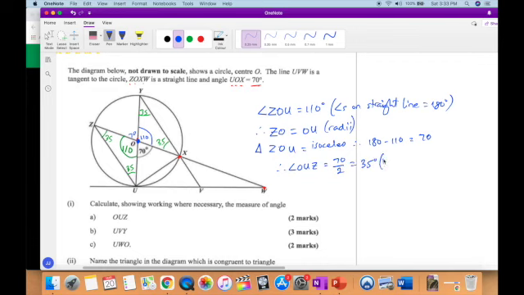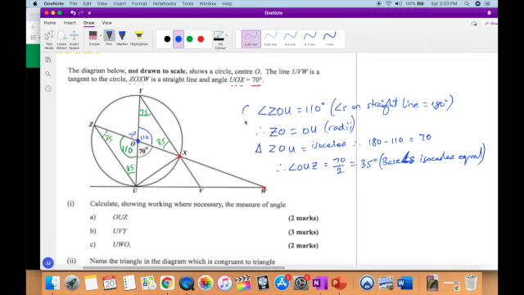Because base angles in isosceles triangles are equal. You notice I didn't write all of the words there. I just write the important words. You don't have to actually make a coherent sentence. I use abbreviations, like this is an abbreviation for angles, and that is just fine.